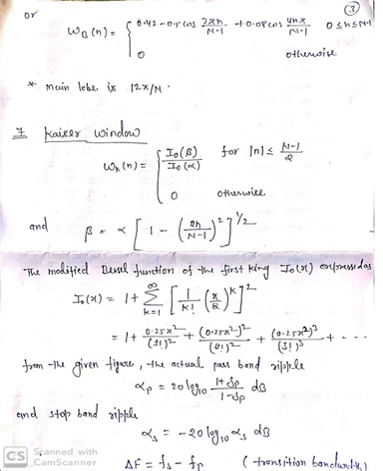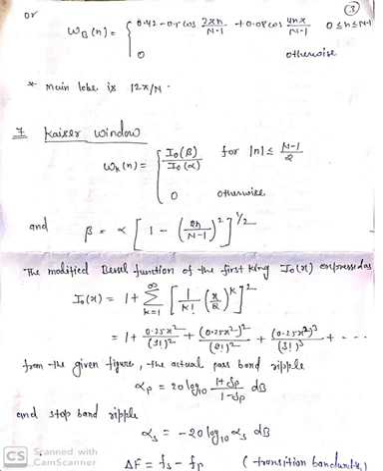w_K(n) equals I0(beta) upon I0(alpha) for |n| less than or equal to (N minus 1) divided by 2, or 0 otherwise, where alpha is an independent variable determined by Kaiser and the parameter beta is expressed by beta equals alpha times [1 minus (2n divided by (N minus 1)) whole squared] to the power 1 by 2.